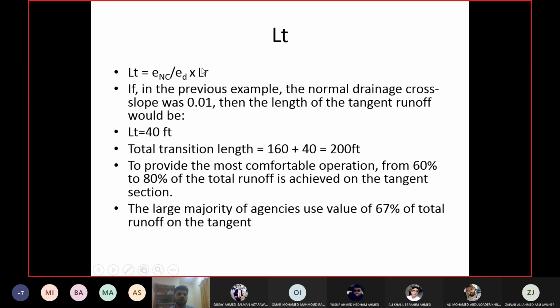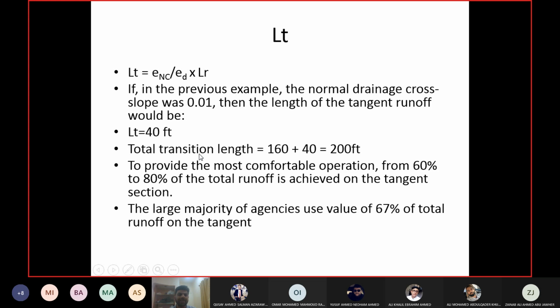So we already have the value of LR, which was 160 feet. We know ED for the last example was 0.04. Now, if the normal slope for that example is, let's say, 0.01, the normal crown slope, the normal drainage cross slope of the road, then if you put 0.01 here, 0.04 ED and LR is 160, you get LT as 40 feet.